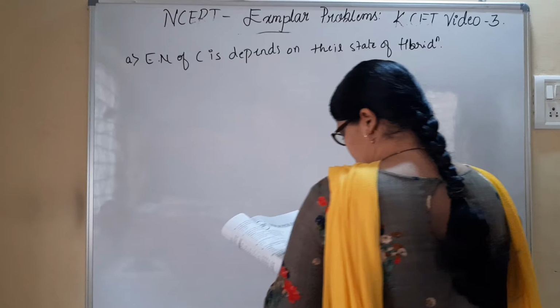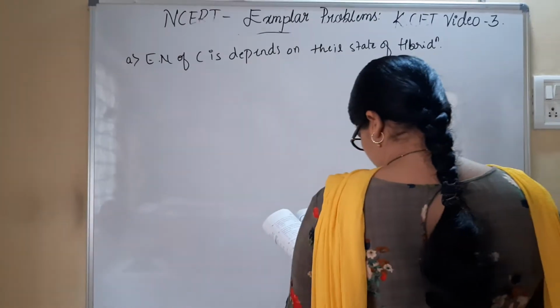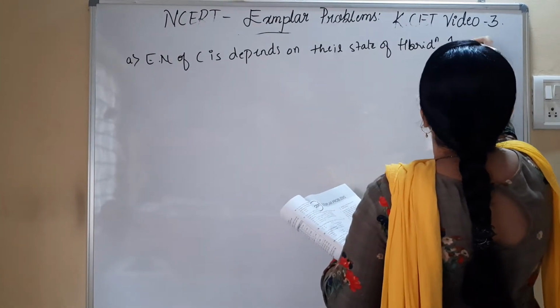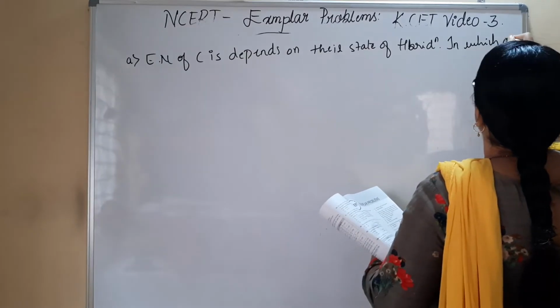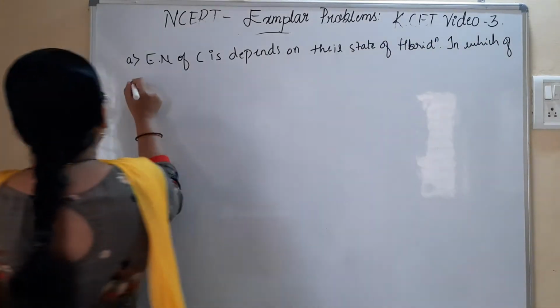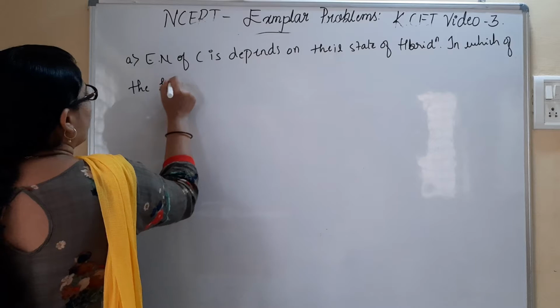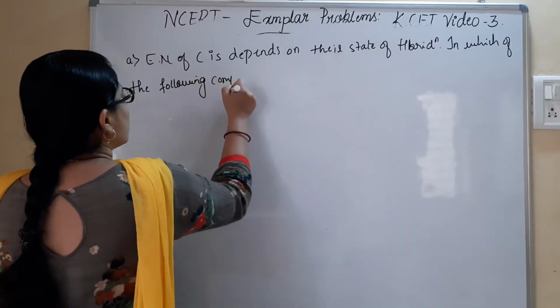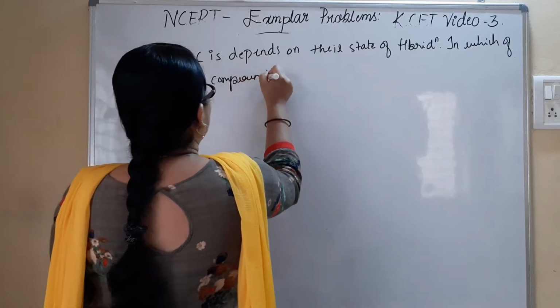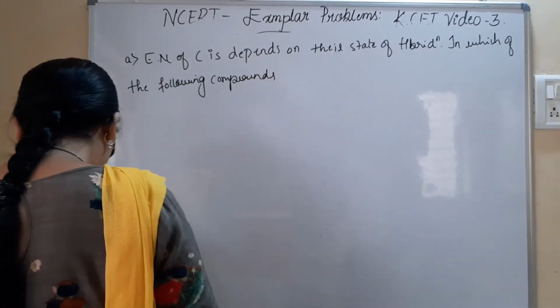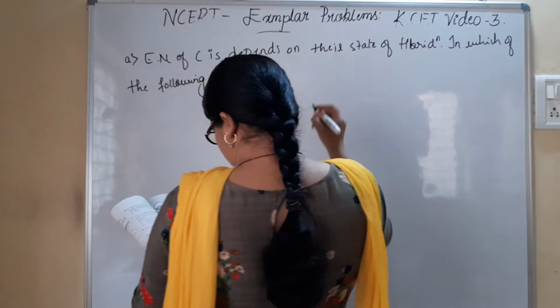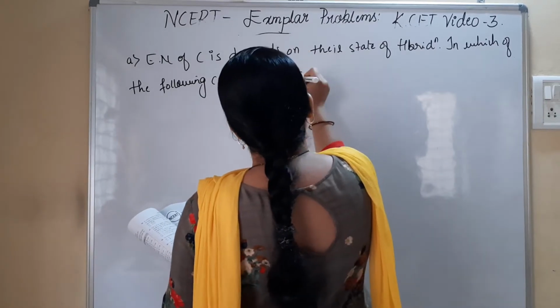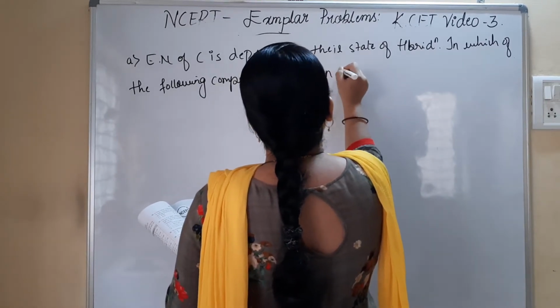We all know this one, right? In which of the following compounds is the carbon marked with a star most electronegative?